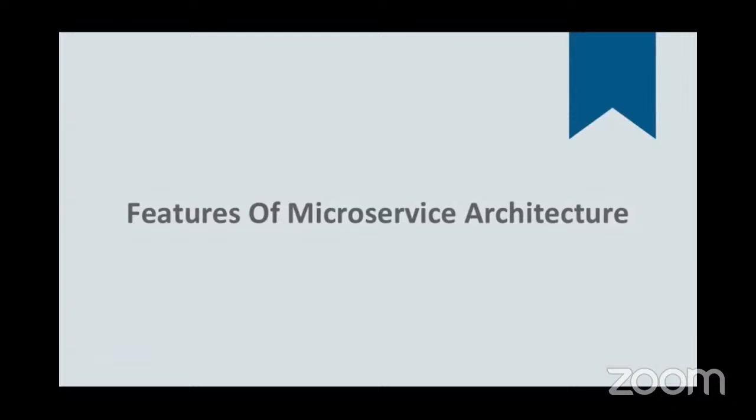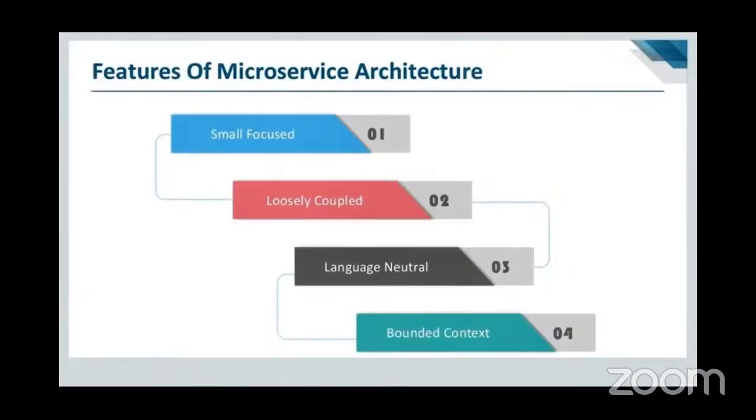Now let's understand the features of microservice architecture. First of all, a microservice is small and focused, that is, it is focused on simplicity. Any developer can focus only on a particular business domain and do any enhancements or creative work on that business domain only. He doesn't have to think about the other components of the system. Second, it is loosely coupled, meaning that each microservice is independent of the other.